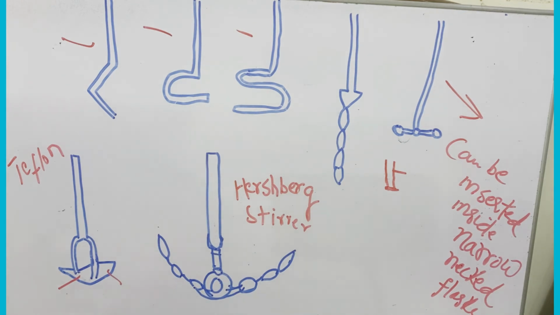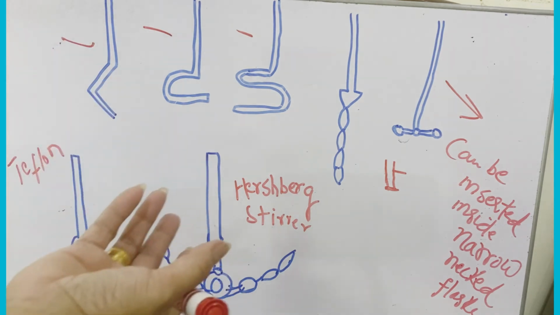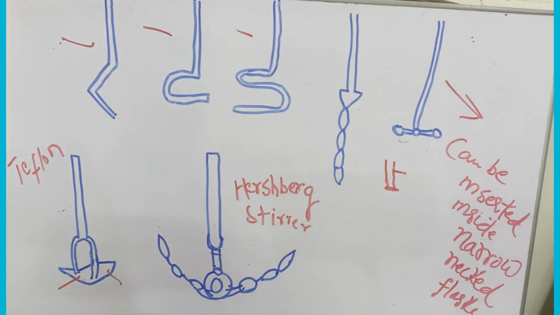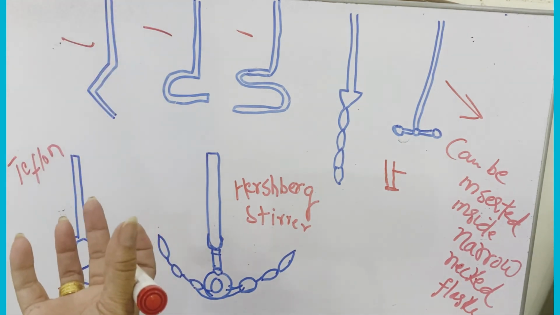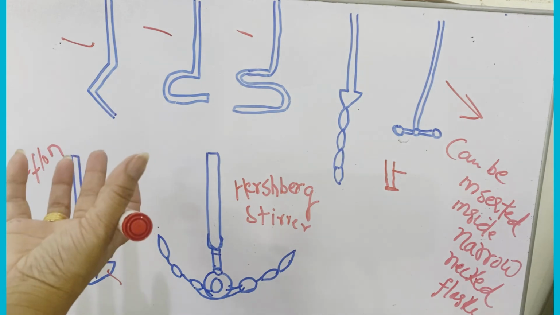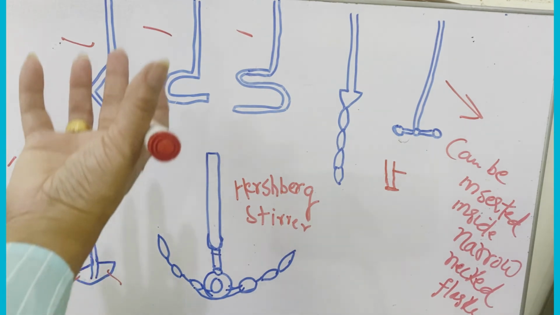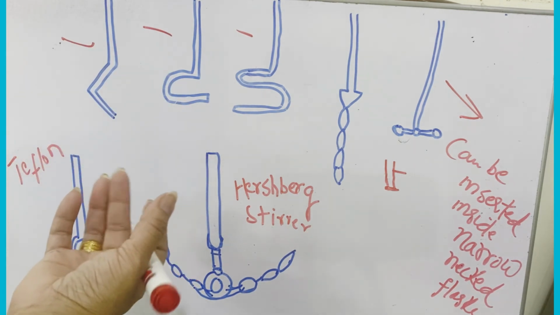So these are the different types of stirrers that I have explained, and they can be shaped to simply fit inside the bottom of any vessel you need. It can be used for stirring even very small amounts of liquids, and even large amounts of liquids or solvents in the flasks.